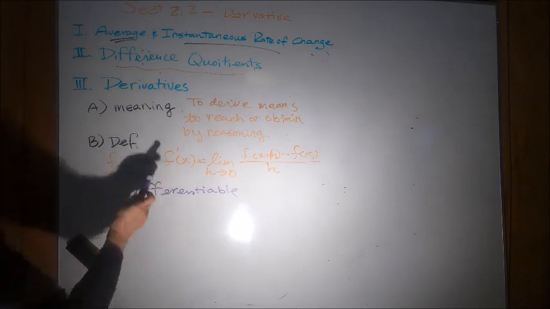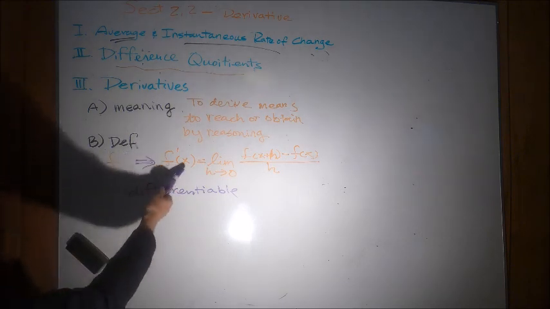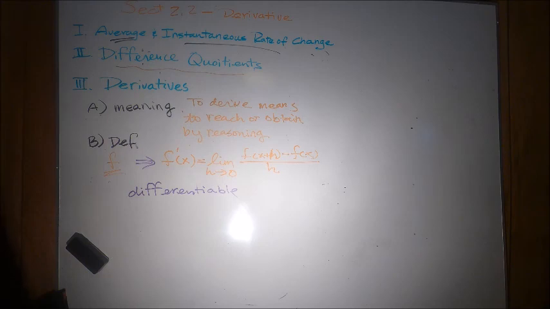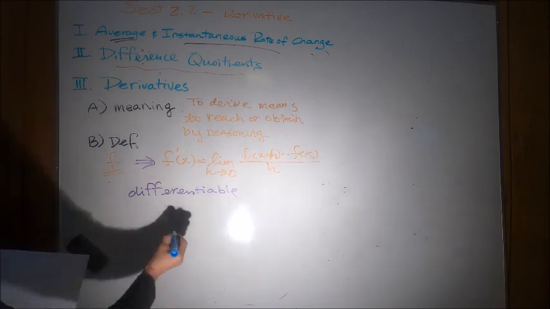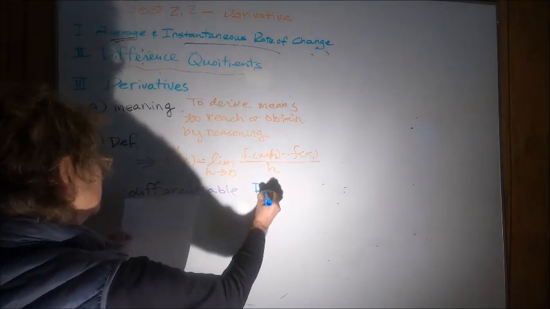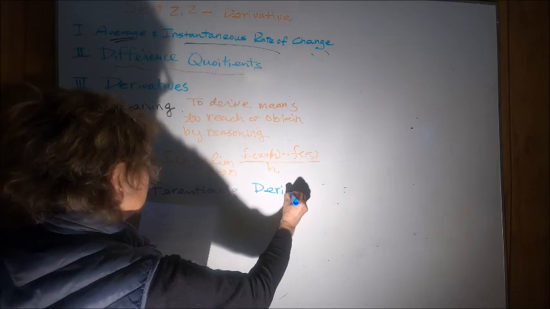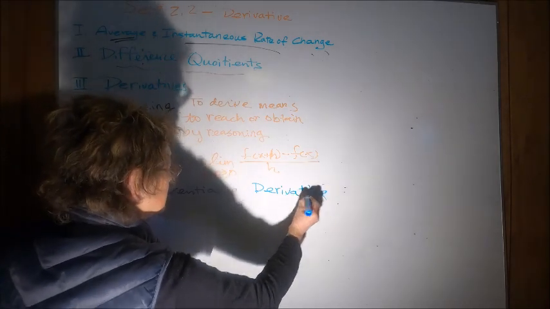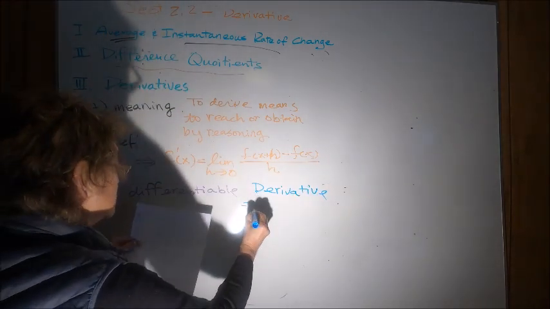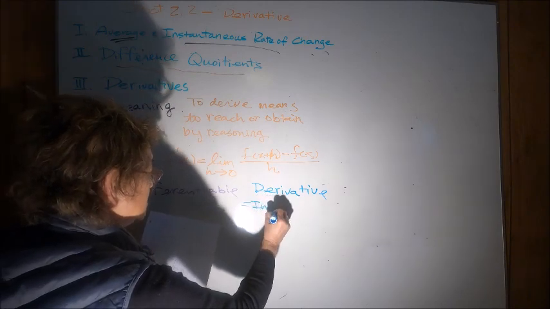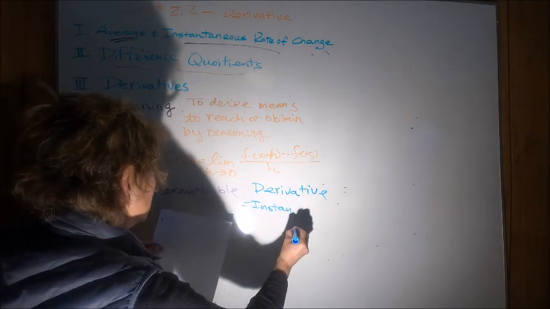So we give the definition, it's given. The derivative right this way. That means we will have the derivative. Actually, it's the same thing as the instantaneous rate of change, right?